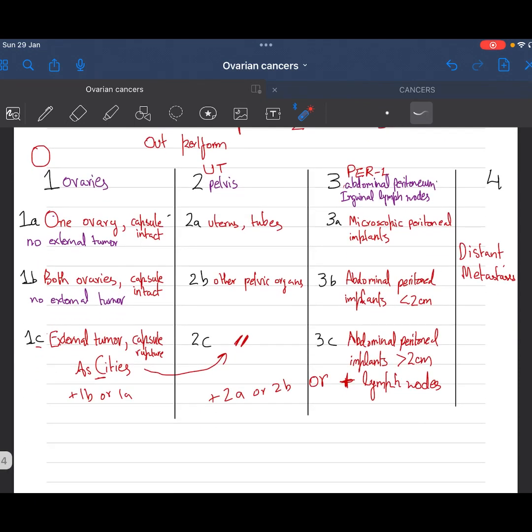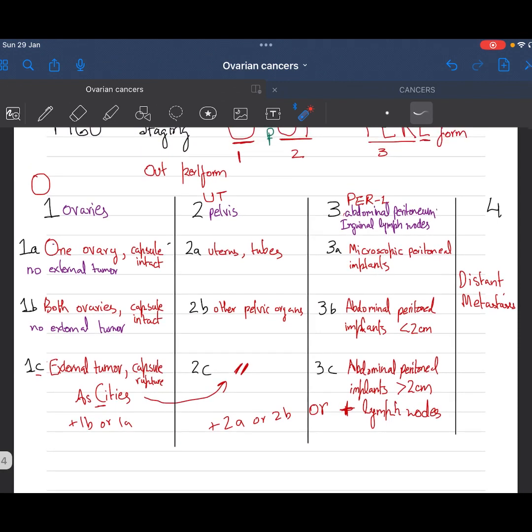When we talk about the staging, the first stage is for O. Stage 1A is one ovary, 1B is both ovaries, and 1C is external tumor on either 1A or 1B. This is how you remember it. 1C has a C in it, so it can also have ascites.